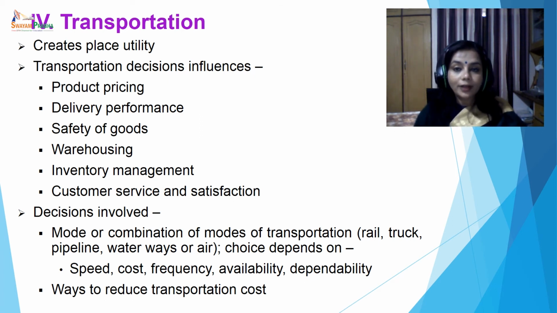You know that different modes of transport are there: rail, truck, pipeline, waterways and air. The choice depends upon different factors like what you desire: speed, cost, frequency, availability, dependability, and also the type of the product.